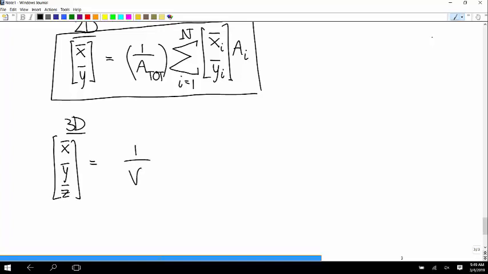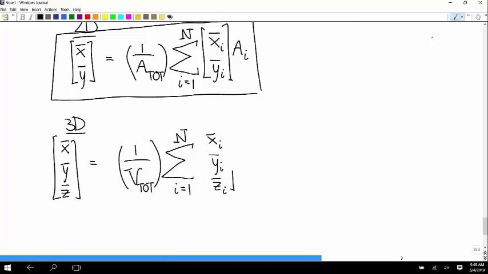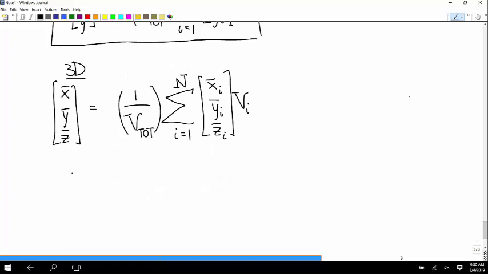It's 1 over the total volume times the sum from 1 to n of the centroid of the individual shape times the volume of the individual shape. We're not going to use that one as much.